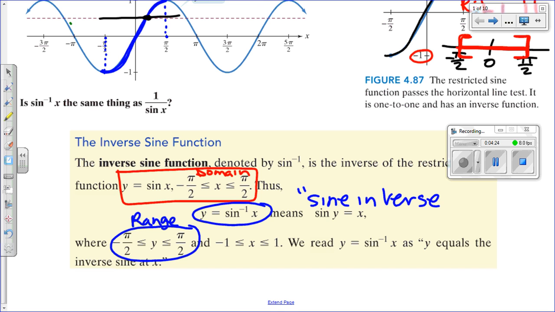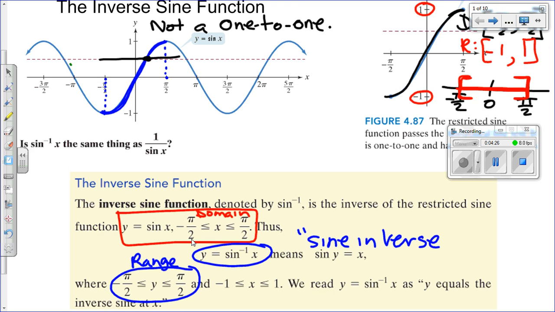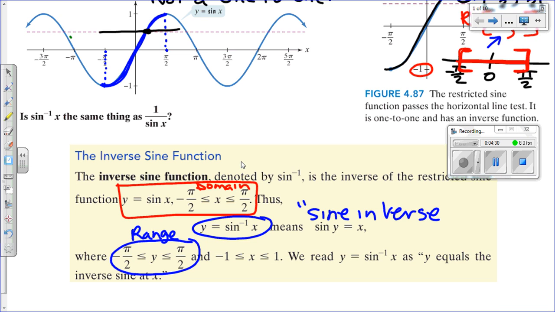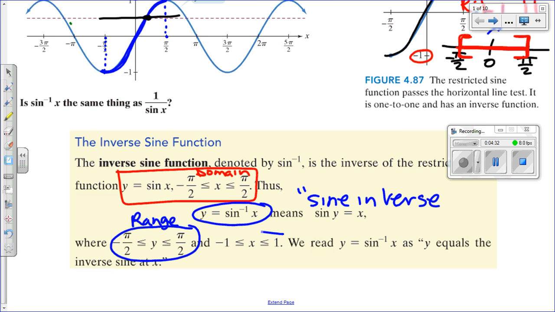And whatever used to be the range for the original sine function is now going to be the domain for the sine inverse function. So we are interchanging the domain and the range, or we're interchanging the x and y.